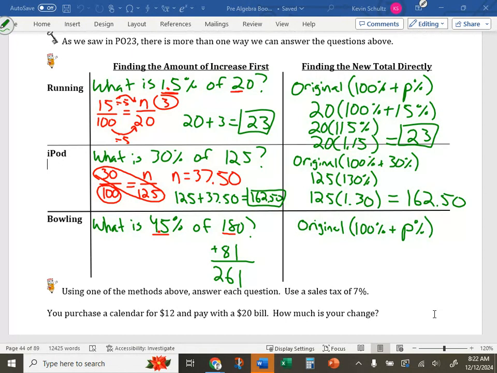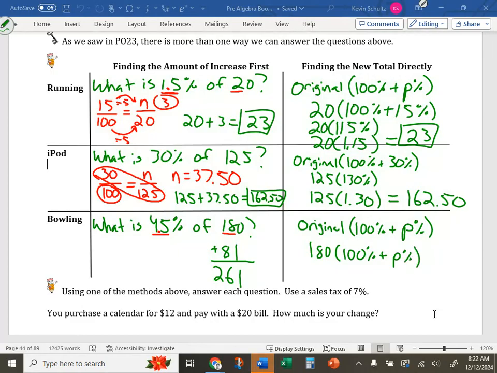Did anyone do the second method with the formula? No? Melanie, what did you put into your calculator? 180 times 1.45. Yeah, and where that 1.45 comes from is that you are taking that 100% and adding the percent of increase to it, right?